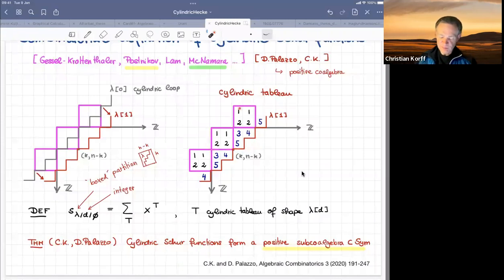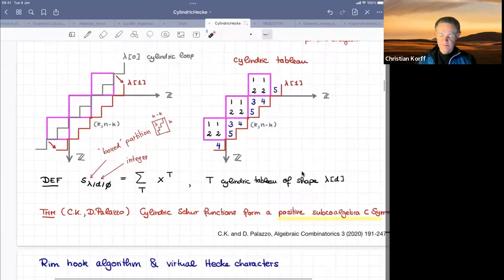If you fill your rows and columns, because there's this overlap, you have to do this in a periodic manner. You can see that, for instance, this must be a 3 if I have on top of this a 2, so you need to have this strictly increasing in order to get a semi-standard tableau filling. So via these periodic conditions, you get only very special tableaux which satisfy these cylindric boundary conditions.